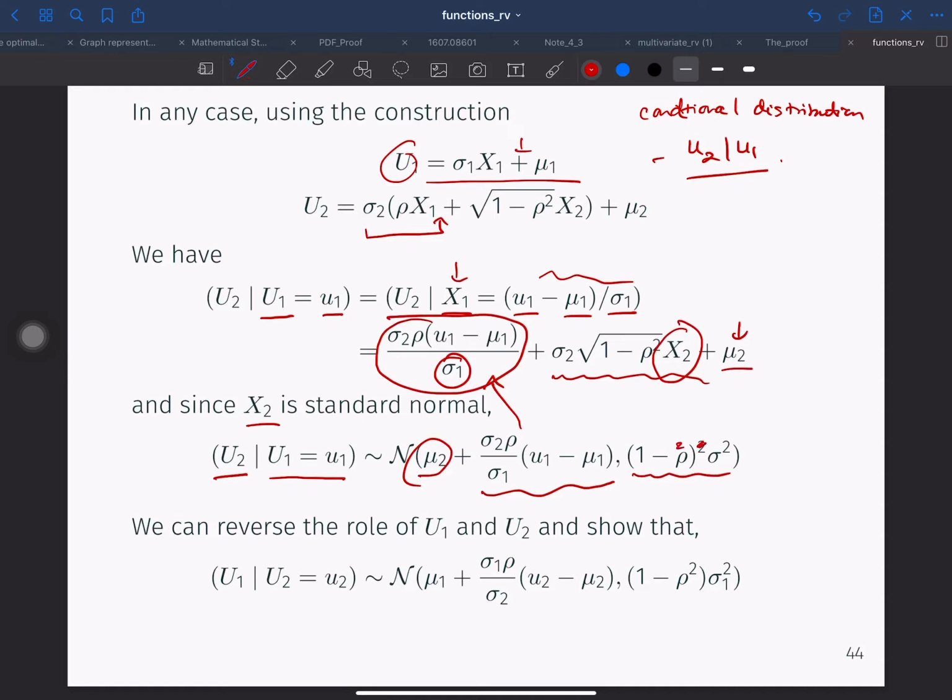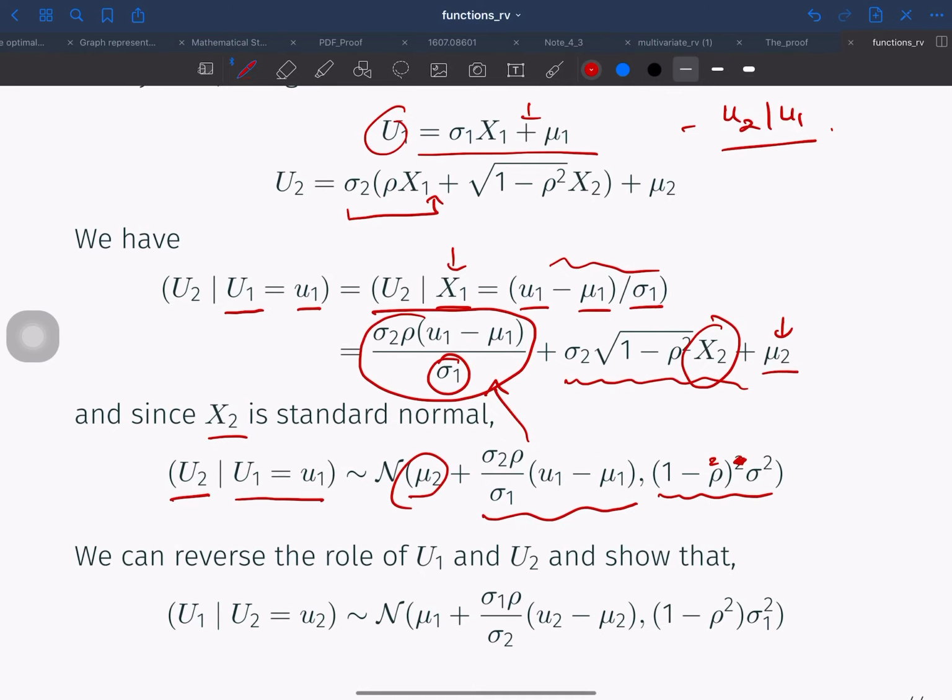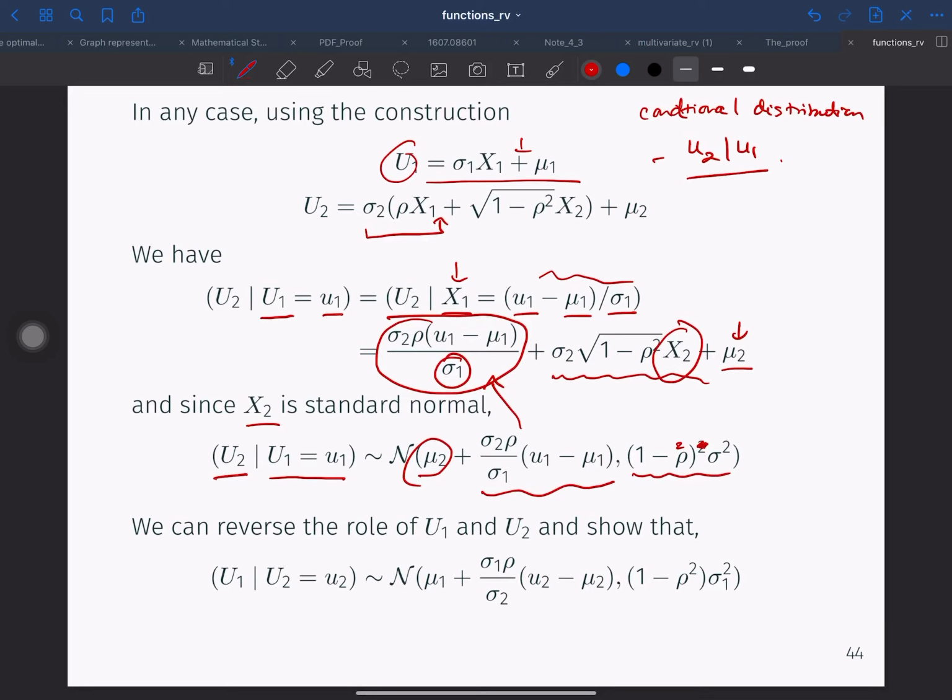So this should be 1 minus rho squared times sigma squared, not 1 minus rho everything squared. And then using the same trick, you can reverse the role of u1 and u2 to show that the distribution of u1 conditioned on u2 equal to little u2 will be this distribution.